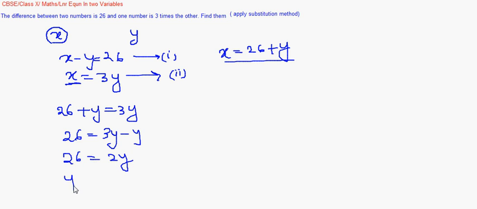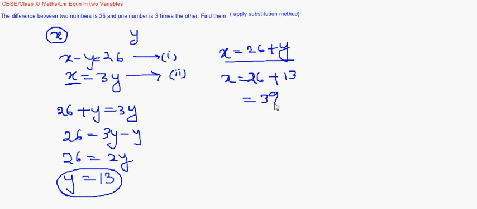So y equals 13. Substituting it there, 26 plus 13 gives me 39. So the two numbers which differ by 26 are 13 and 39. This we calculated using the substitution method.